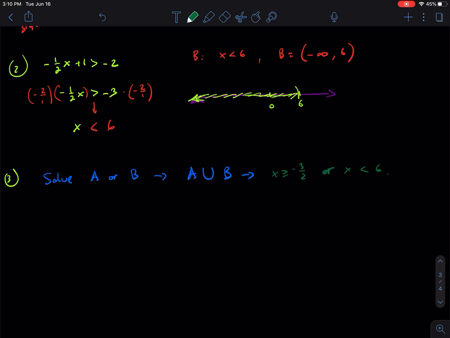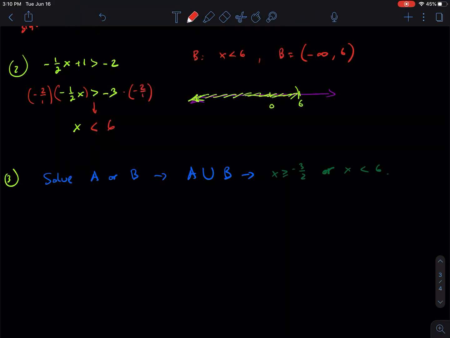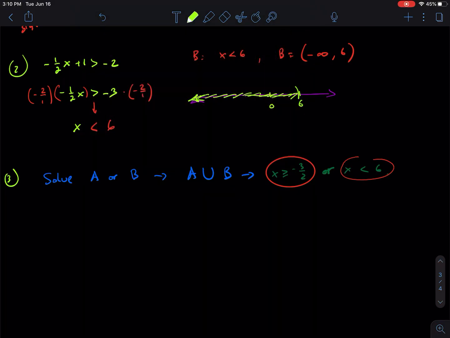The union means we want to combine all the numbers in both sets: all the numbers that are greater than or equal to negative 3/2, and all the numbers that are less than 6. To have a visual of these two sets, we draw both of them on top of each other.